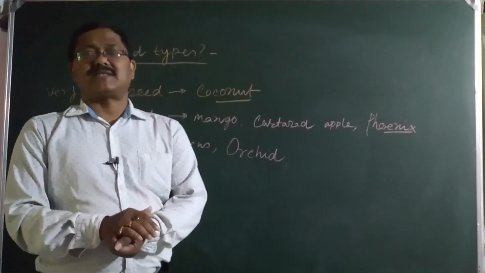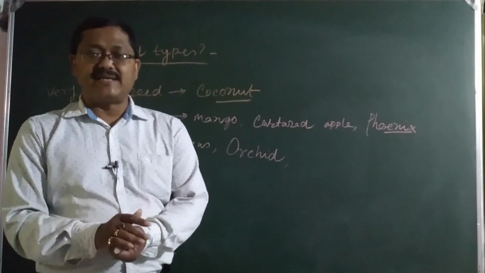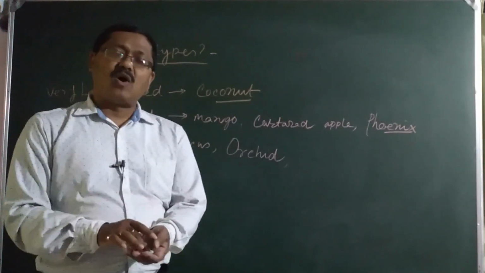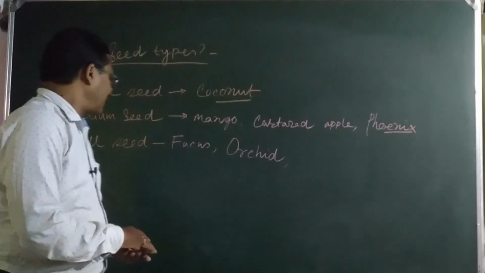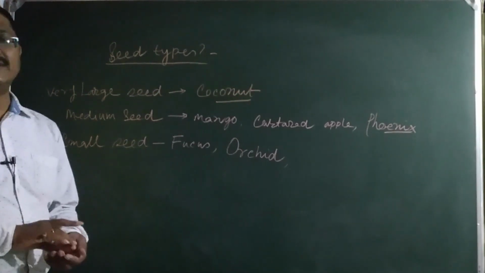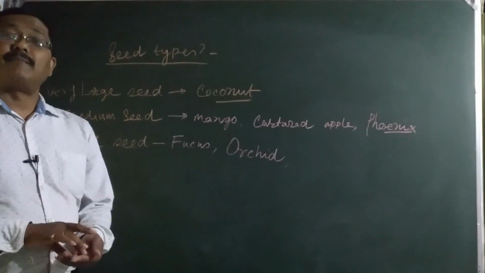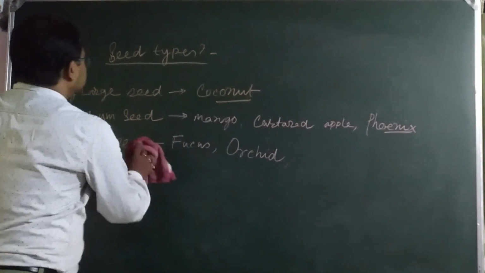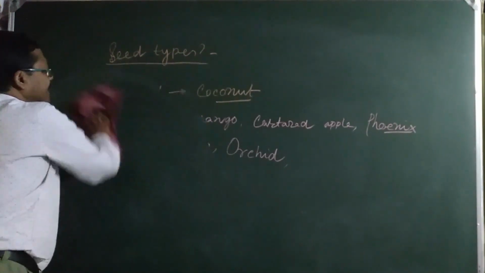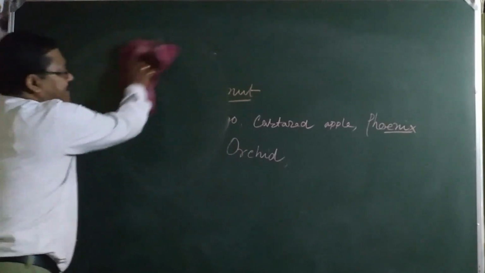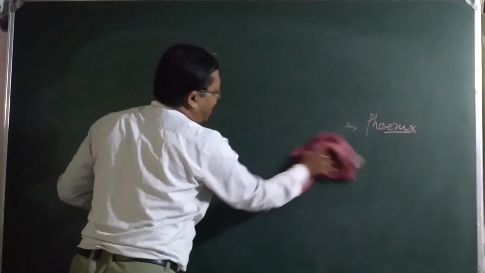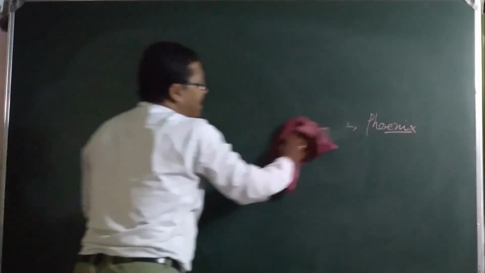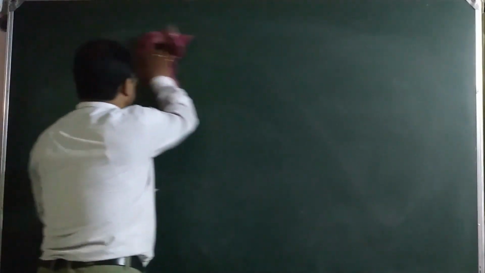On the basis of their size: large seed, medium sized seed, and very small, minute seed. The minute seeds are mainly found in the orchid family and some in the Ficus family. These are the sizes.